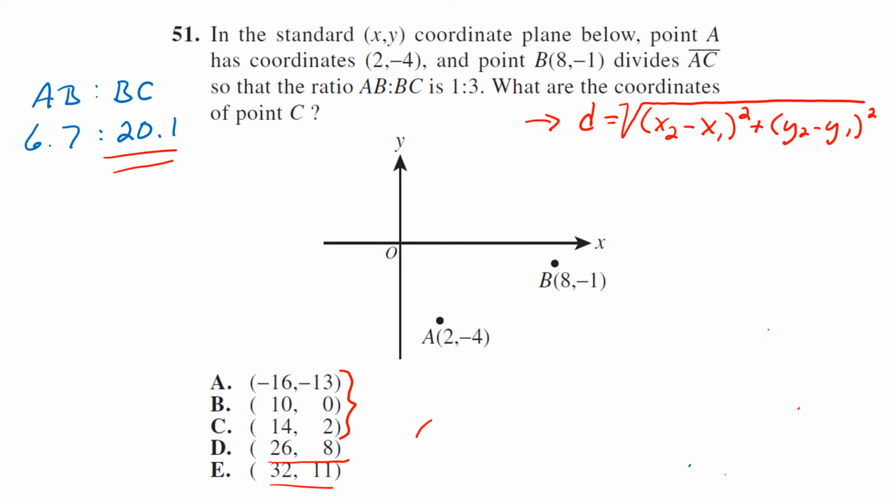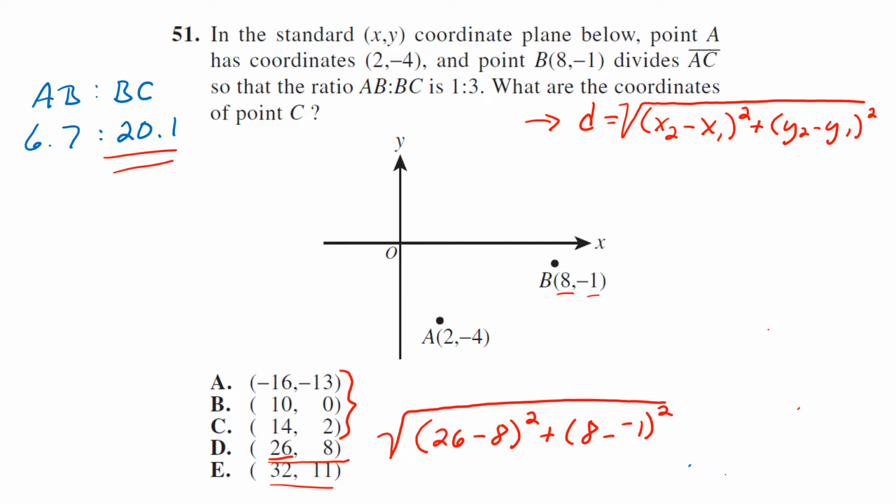So let's plug in our x2 and x1, and y2 and y1. We're going to have 26, this number here, minus 8, squared, plus our y coordinates, 8 minus -1, squared. We're going to take the square root of all of that and see, does that equal 20.1?